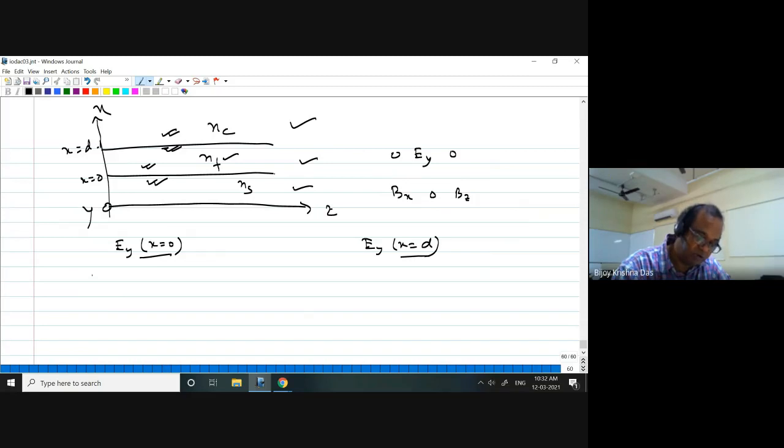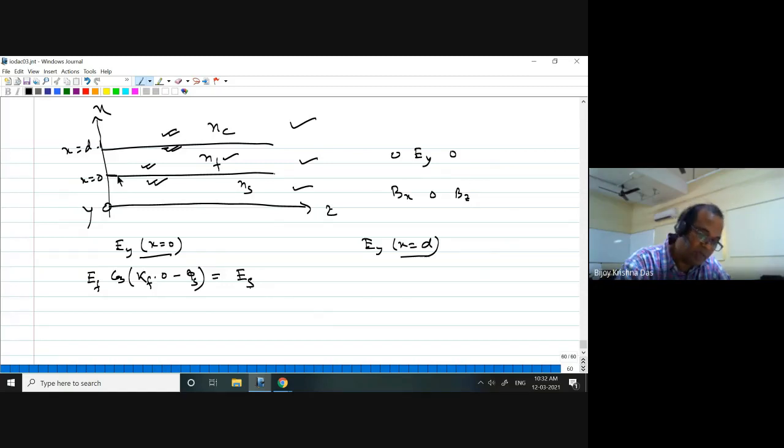For example, if I put x equal to 0, the first thing is EF cosine of kappa f into 0 minus phi s, which should be equal to the other side at x equal to 0, that is ES. This is one equation I get from the boundary condition, because the tangential components are equal.